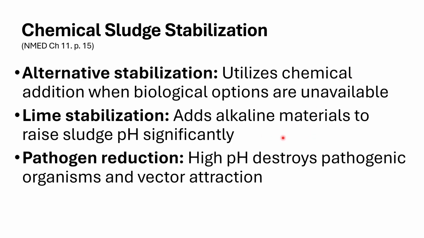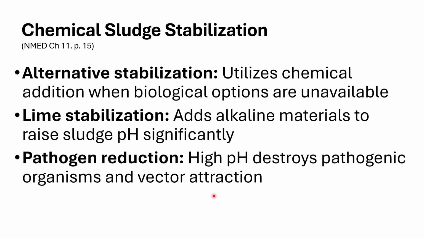So by adding lime or calcium carbonate, we raise the pH, and that high pH is going to destroy the pathogenic organisms and the vectors. Okay, so this is what we would do if we didn't have microbes or a digester at our disposal.